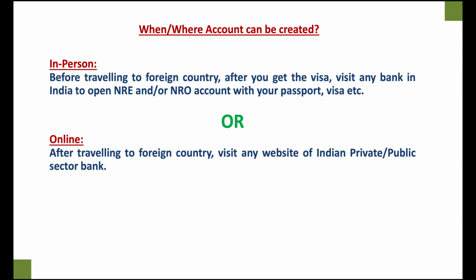If you are going to a foreign country from India for the first time, as soon as you get a visa from an embassy or consulate and have the visa stamped in your passport, you can visit any public or private sector bank branch in person with your passport, visa, and relevant travel documents. You can visit the nearest branch and open either NRE or NRO or both.